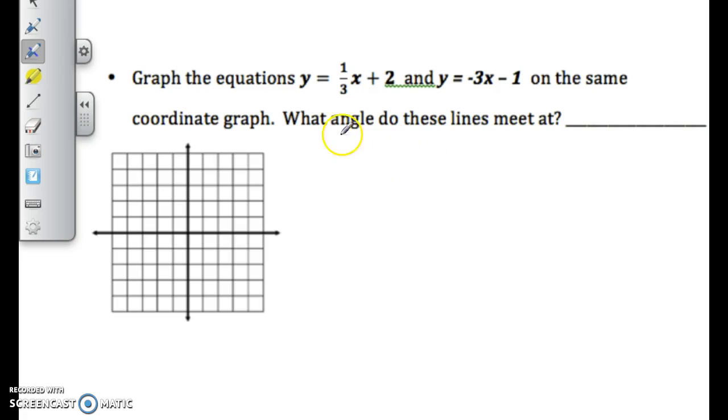Now they want us to graph this equation, y equals 1/3 x plus 2, and the other equation, y equals -3x minus 1, on the same coordinate graph, and determine what angle these lines meet at. So we're going to start with the first one. 2 is my y-intercept, and my slope is 1/3, so I'm going to go up 1 over 3, or down 1 and to the left 3. Draw my line.